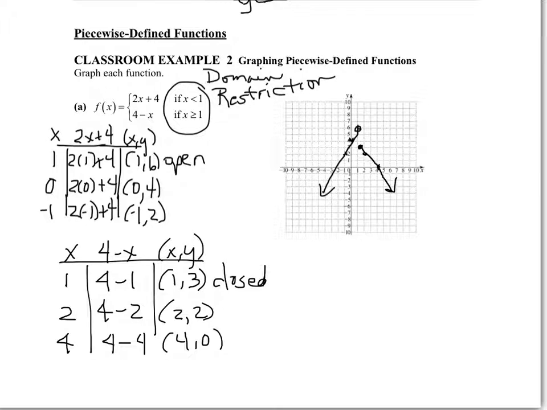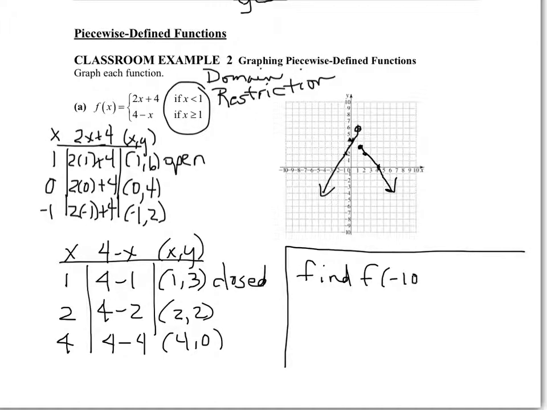Now, if I give you the domain restriction but no graph, I might ask you to do something like this as well. So let's say with the domain restriction that was up there, suppose I had asked you to find f of negative 10. Well, even if I'm looking at this graph, I don't see what that is. But that means when I go back to this domain restriction, I had two equations.